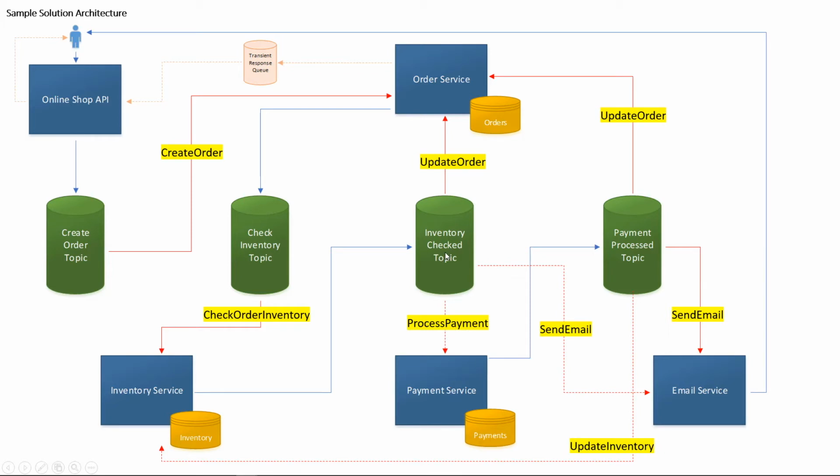If it's insufficient, it will not be inserted in this subscription, so the payment will never be processed. However, the order subscription will get all the messages. It's not a filtered subscription. And that's why here we are listening to that in the order service, to be able to set the appropriate status of the order, which will indicate either that the inventory was sufficient or insufficient.